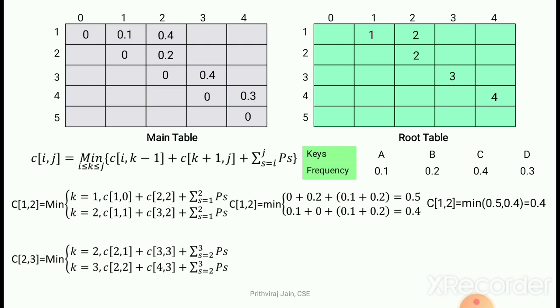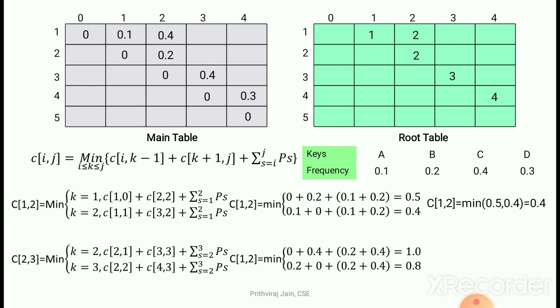Next thing is we have to calculate C of 2 comma 3. We should not go for C of 1 comma 3. We are going to fill the values diagonally. So next our value is C of 2 comma 3, and again you have to repeat the same thing. For C of 2 comma 3, the k value starts from 2 till 3, and while filling the value for ps, we have to fill it for key values 2 and 3.